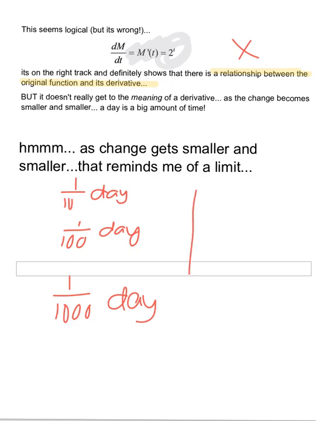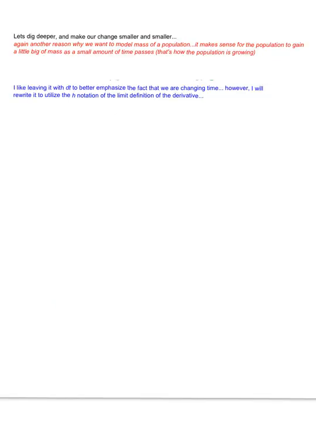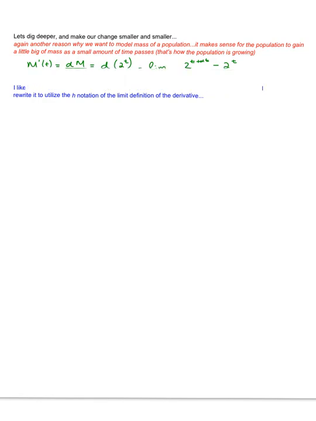We want to take our change in time and make it smaller and smaller to actually get to the definition of a derivative. So with that, this is going to be the limit definition of the derivative. What I've done here is simply put in the limit definition of the derivative.